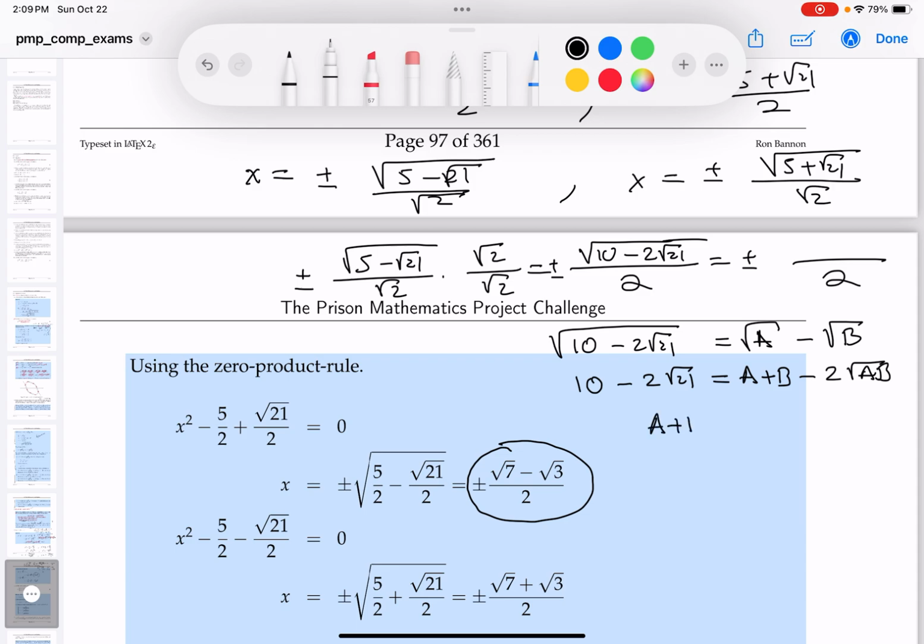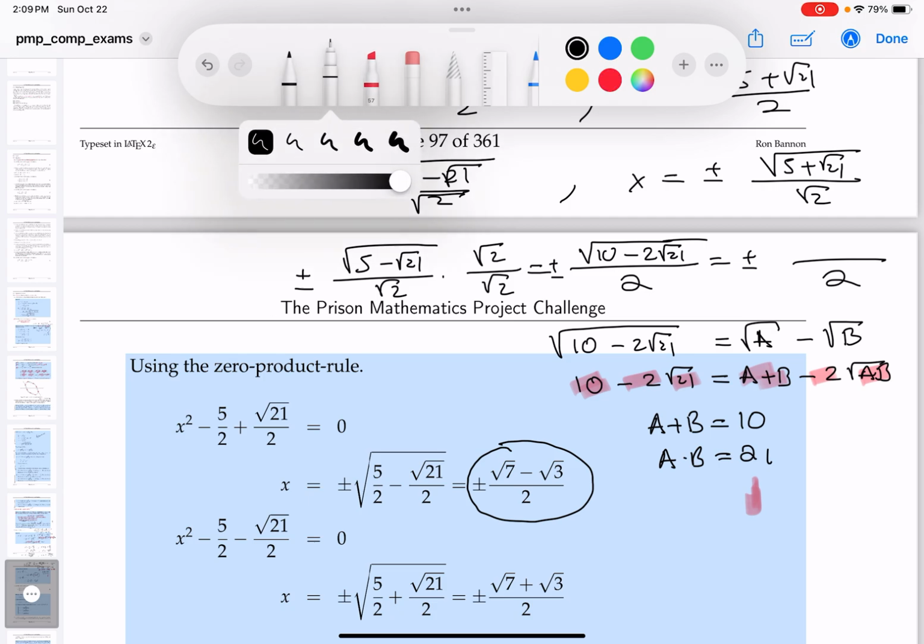I know that a plus b should be equal to 10, and a times b should be equal to 21, just by looking at this. I see the minus 2 there, and 21 is the ab. So a and b have to be some combination of 3 and 7.